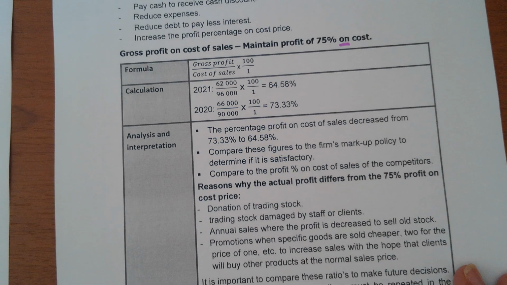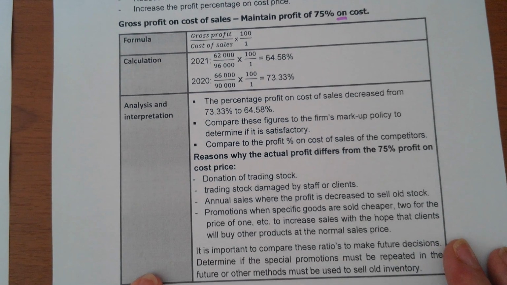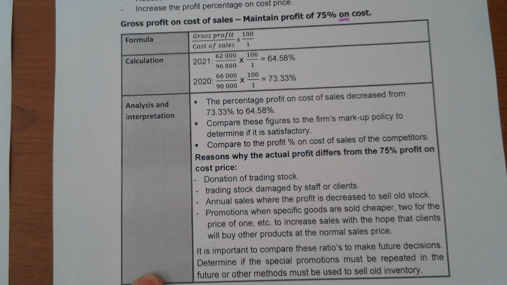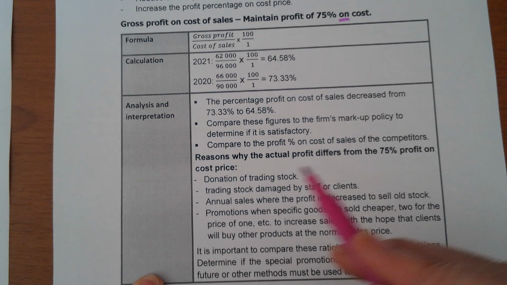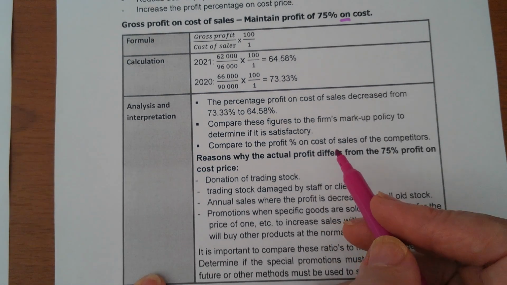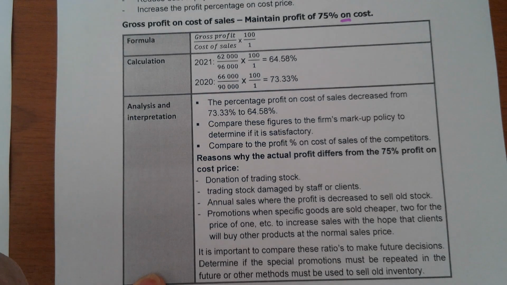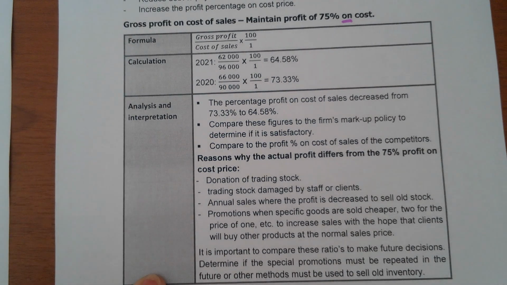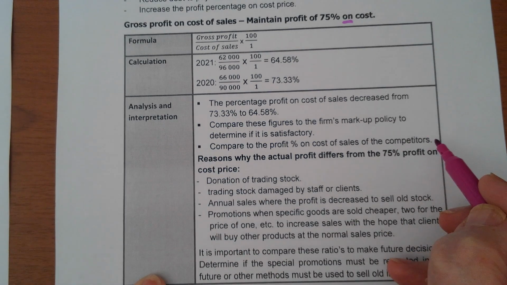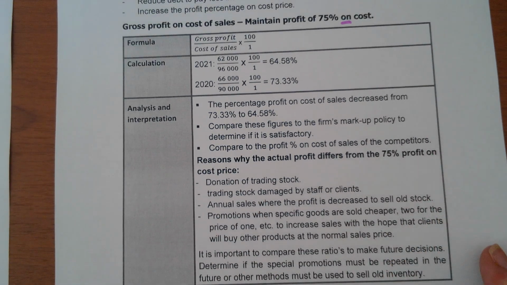So it's competitors selling the same type of thing. So Checkers, Pick n Pay, Spar, they will compare their profits with each other. You will not take a shop selling food and compare that profit to a shop selling clothing. It must be similar products of your competitors.